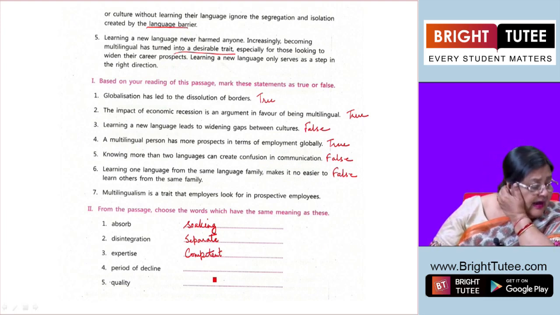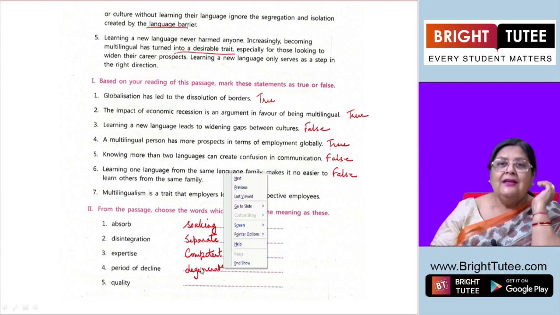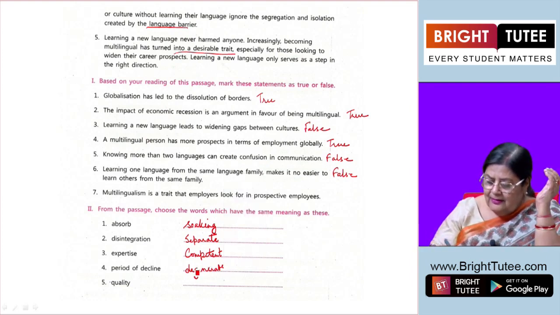Period of decline is degenerate. And quality is the standard, the level.